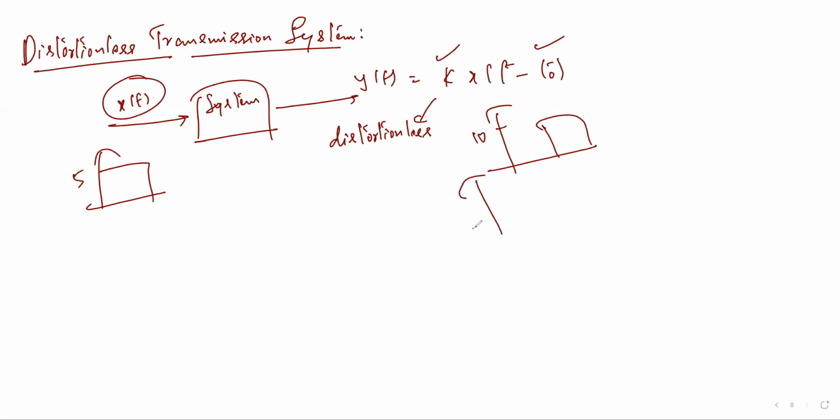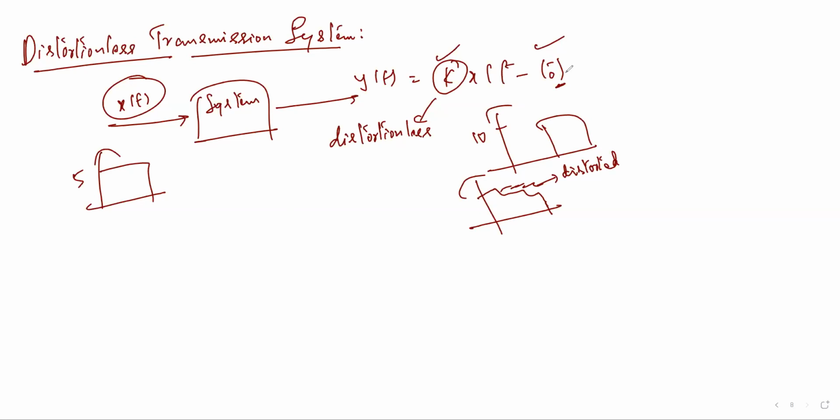Or if you receive the signal like this, it is a distorted received signal. So as long as the original wave shape of the transmitted signal is not disturbed, it is considered a distortionless system. Amplitude changing and position shifting are not at all considered as distortion in the system.